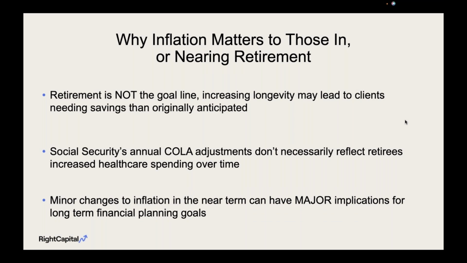And we know there are a lot of unknowns in the future. We know Social Security might have some changes coming down the road. We also know that before the pandemic, we saw longevity just continuing to increase year after year, so plans were becoming longer for the clients trying to fund their retirement. But even minor changes to inflation in the near term can have major implications for those long-term planning goals.